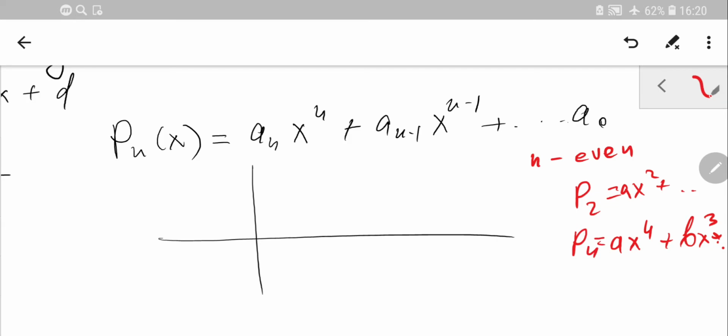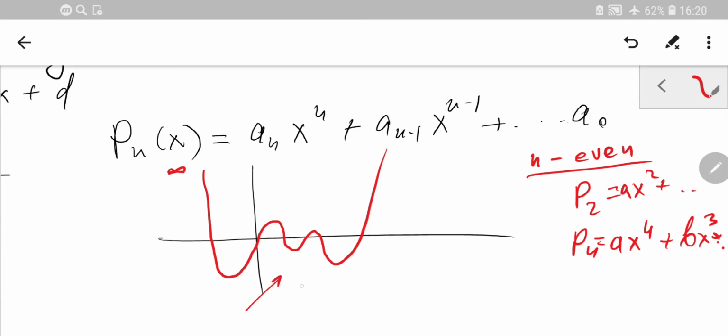So basically you take p4. In both cases, when n is even, the general behavior of a polynomial with even power is like that. It goes down from infinity, oscillates several times, and the number of oscillations is just one less than the maximum power of the polynomial. So for example, for p4, it will oscillate only 3 times.